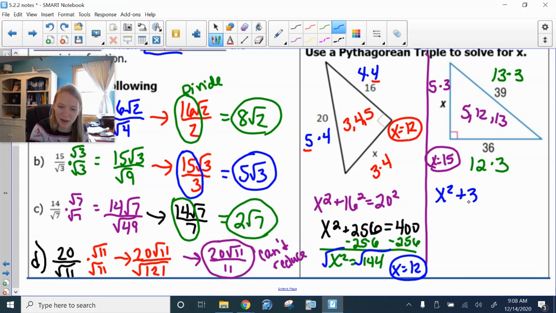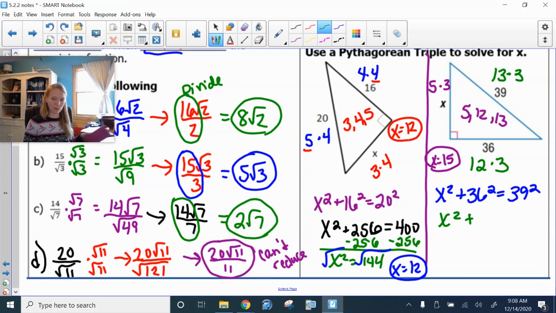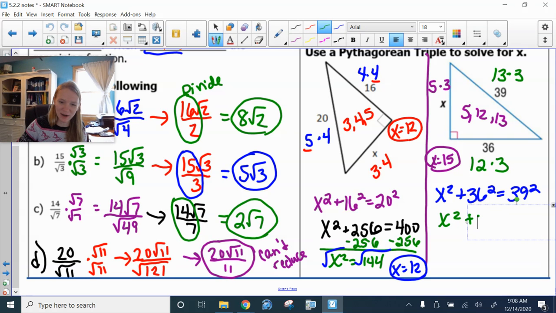You could always do x squared plus 36 squared equals 39 squared. I don't know what 36 squared is. 1296. See, this is where those numbers do get kind of large when you're dealing with these multiples. I got 1521 over here.